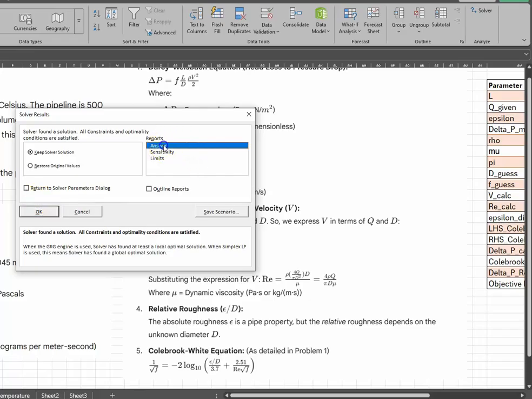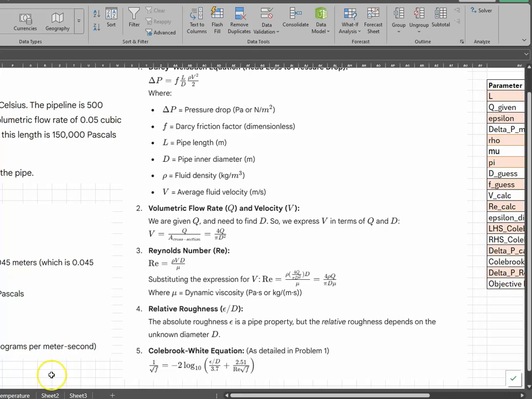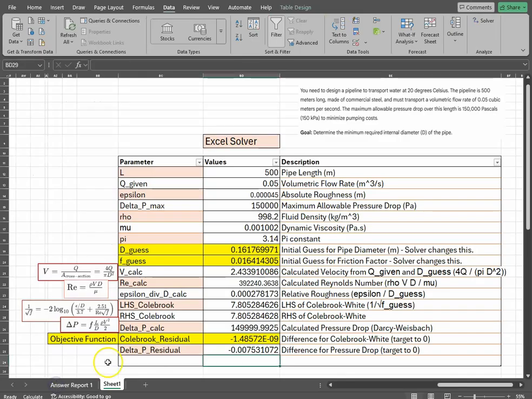Now answer OK, so that will give the solution. So now here you can see that Colebrook residual is nearly 0, delta P residual is also 0, and that delta P calculation is 1,50,000 nearly. Okay, and everything is set.